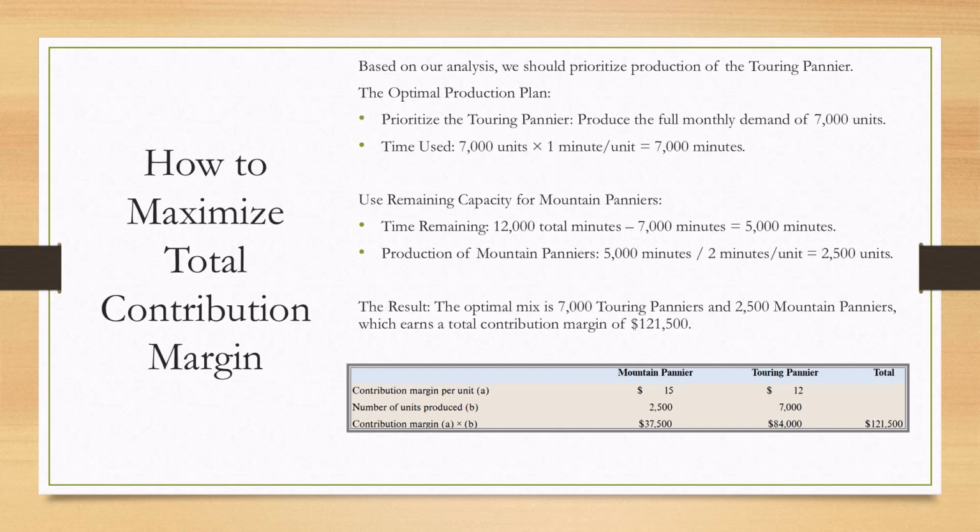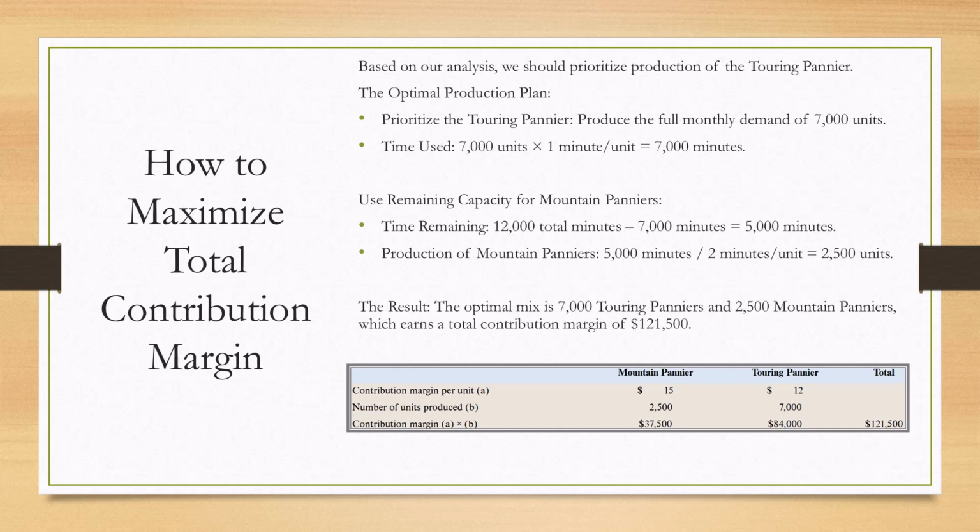Let's determine the optimal production plan. First, we'll produce to meet the full monthly demand for the touring pannier, which is 7,000 units. This will use 7,000 minutes of our stitching time. Next, we'll use the remaining capacity for the mountain panniers. We have 5,000 minutes remaining out of our total of 12,000.